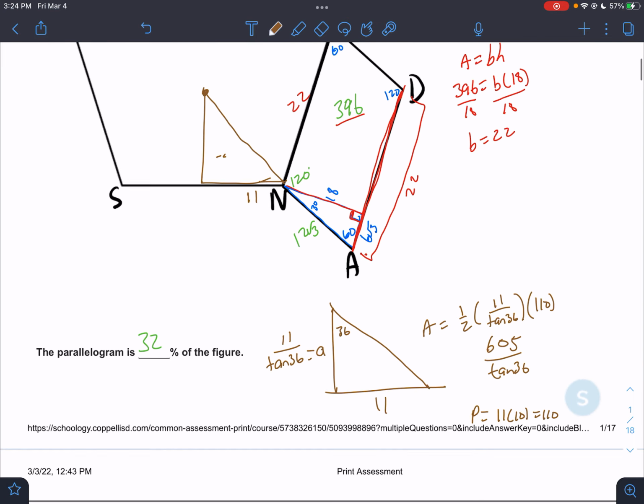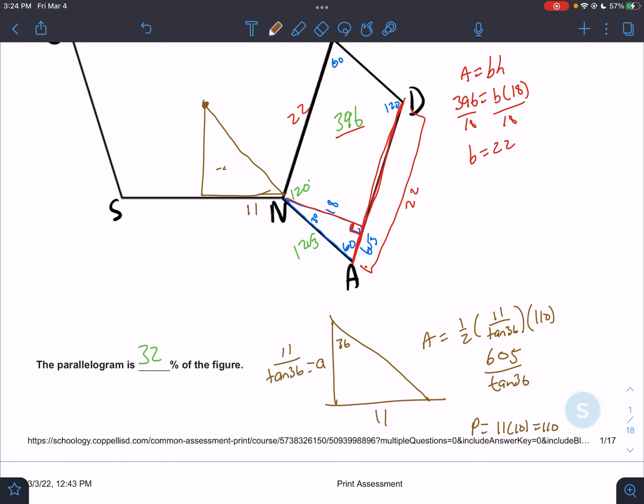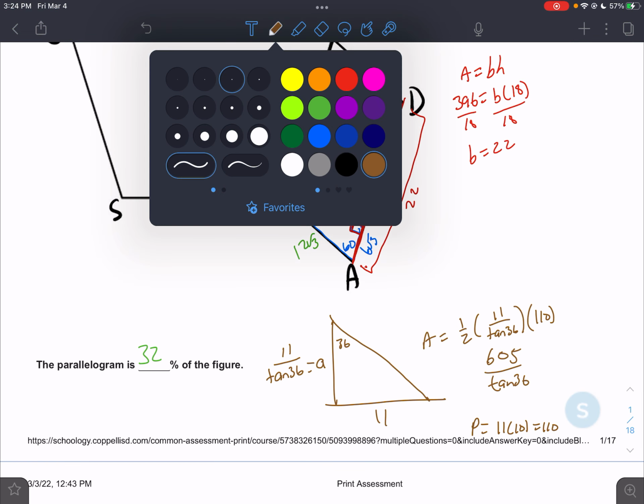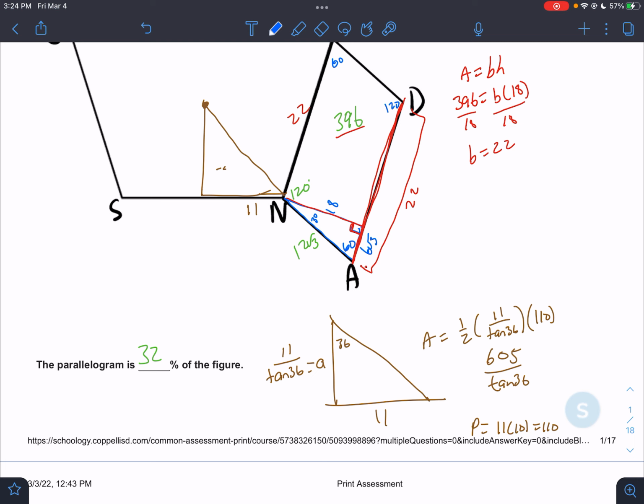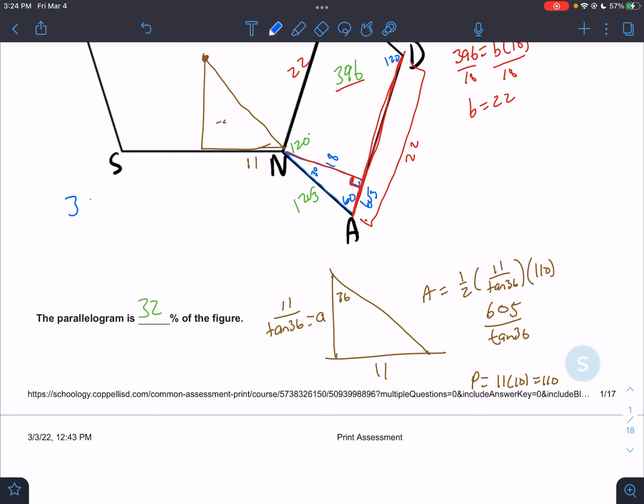All right. So we need a percentage. I know I'm kind of all over the place. But over here, I'm going to do my percentage. We want to know, what was the question? Sorry. What percent of the figure is the parallelogram? So it's going to be the parallelogram, the part we care about, divided by the whole thing.